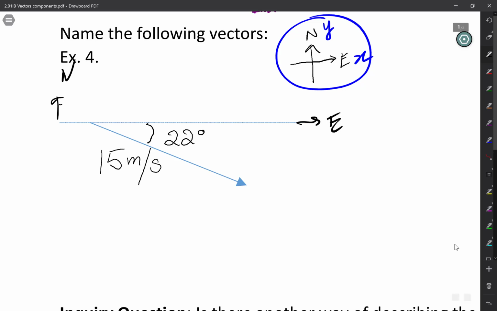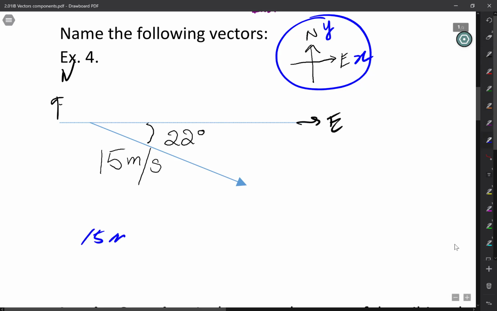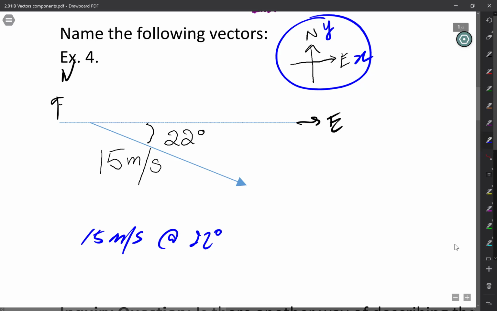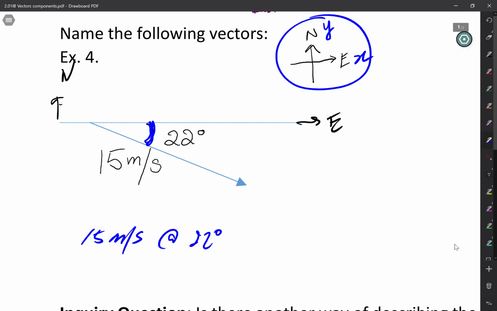To name this vector, we first write down the magnitude. Magnitude would be 15 meters per second. The next thing to say is an angle at 22 degrees. We have to be very careful where the 22 degrees is. 22 degrees is this guy over here. To get this 22 degrees, we have to first start at the base of our original vector.